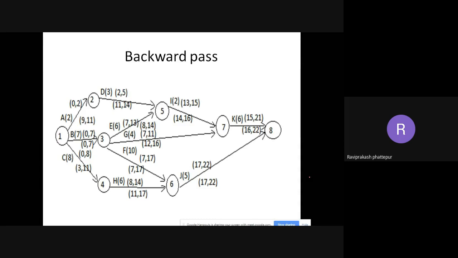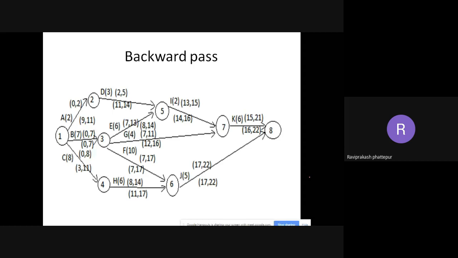At node 6 to 8, in between, that is J. J has 17 22 and 17 22. Where all do we have the same? At B, F, and J.